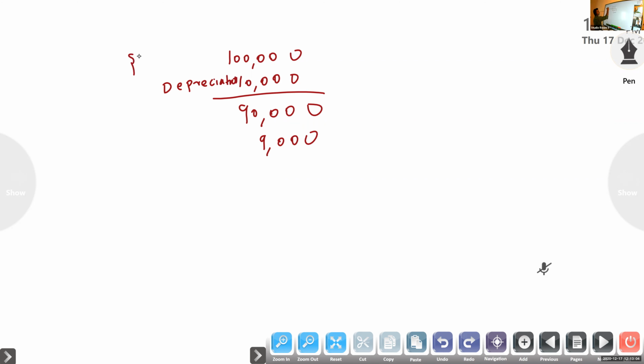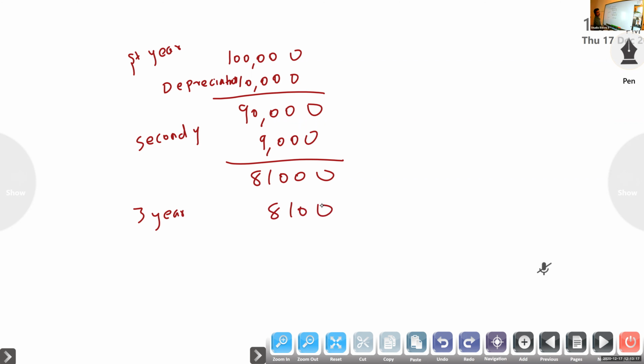This is the first year, this is the second year. Then the next balance is 81,000, and the third year depreciation will be 8,100 on the basis of the balance. Clear?